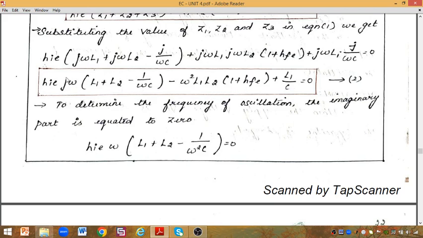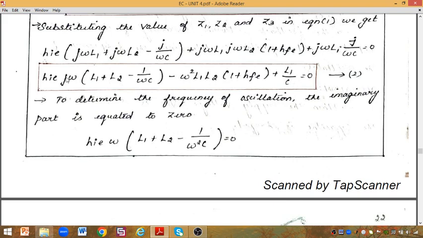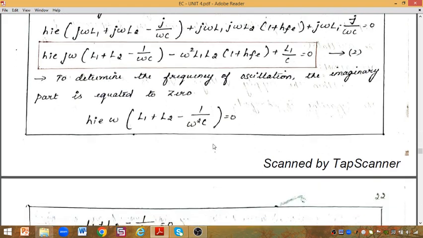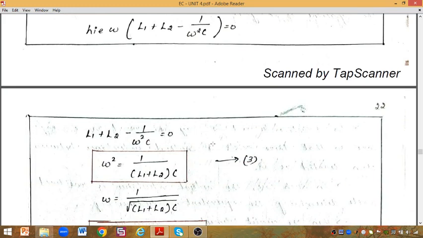The imaginary part is HIE omega into L1 plus L2 minus 1 by omega square C, which is equal to 0. Once HIE omega goes to the right-hand side, it becomes 0. So L1 plus L2 minus 1 by omega square C is equal to 0.